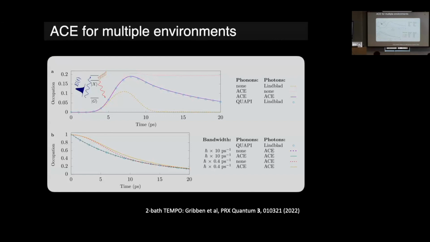So I guess the question is dumber than that for me. Which one is the right or accepted result? Let's call it on the top plot. Is it the QAPI Lindblad that would be the thing that... There's nothing wrong with QAPI Lindblad. You would expect that QAPI Lindblad works well. QAPI converges for the phonons.